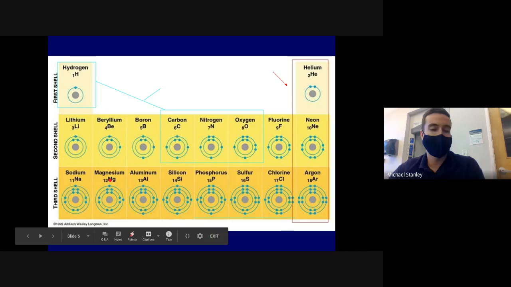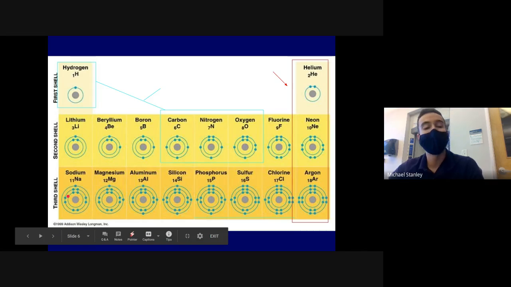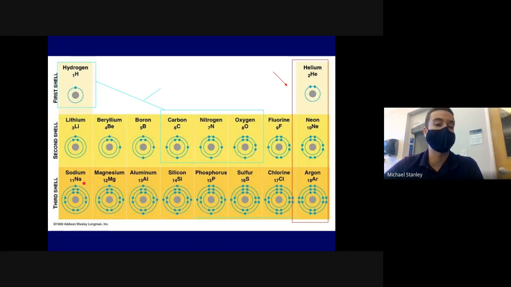Magnesium has 2 valence electrons. So it'd be easier for sodium to lose this 1 electron and have a full outer shell on the second shell than to try to gain 7 more electrons. We're going to see this come into play when we talk about a certain type of chemical bond in a little bit. But again, the main thing to remember is that valence electrons are on the outside, and the octet rule says that whatever our outside shell is, we want it to have 8 electrons.